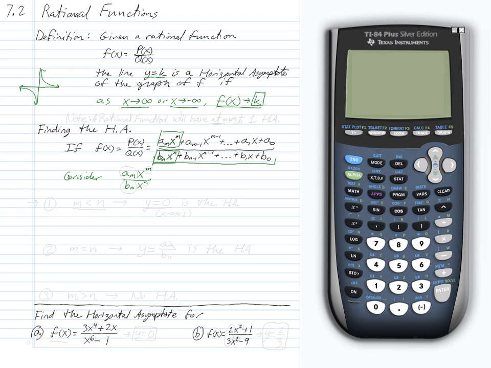Okay, so case 1, if the degree of the numerator, that is this power m, if m is less than n, less than the degree of the denominator, so if there's a higher power in the denominator and a lower power in the numerator, if that is the case, then the horizontal asymptote will be y equals 0.